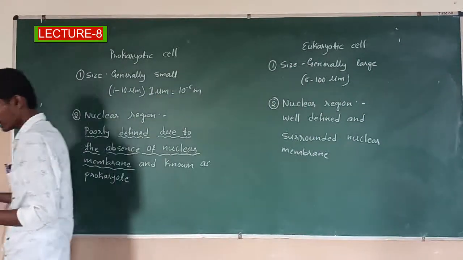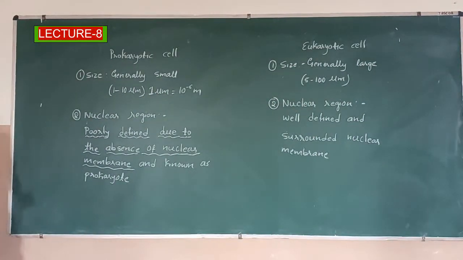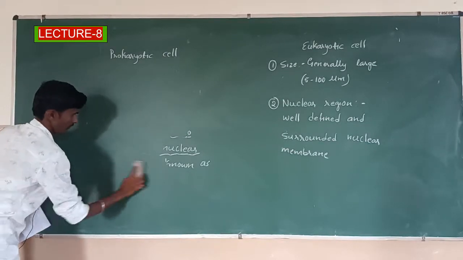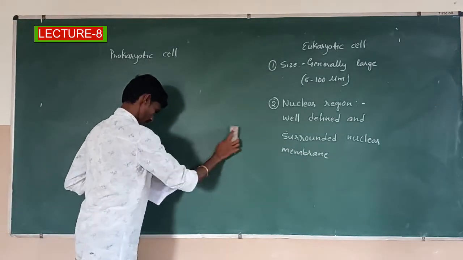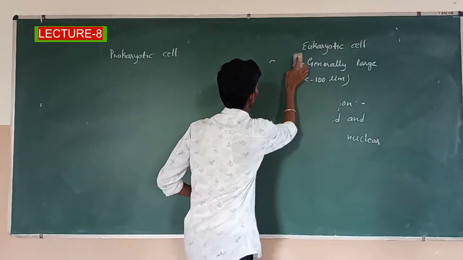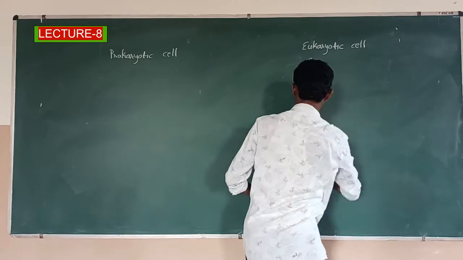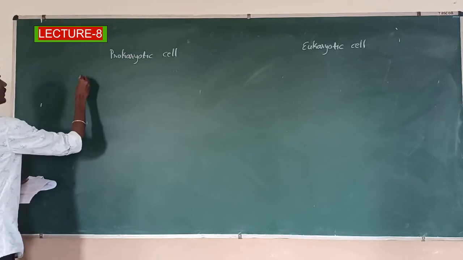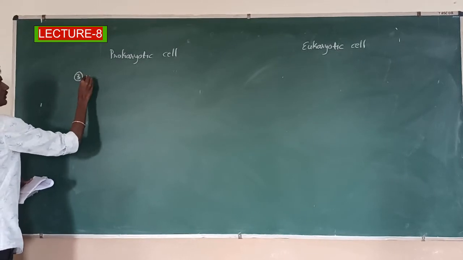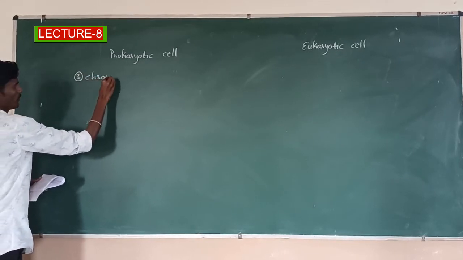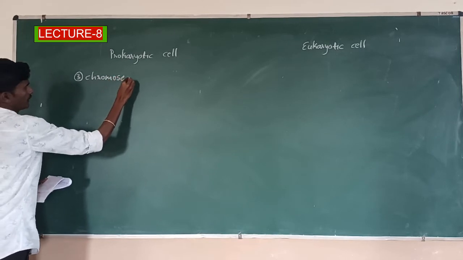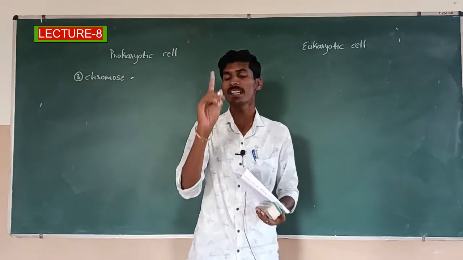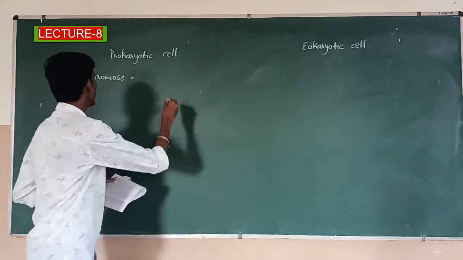Next, the third one, chromosome number. In prokaryotic cells, the chromosome number is single, or one.